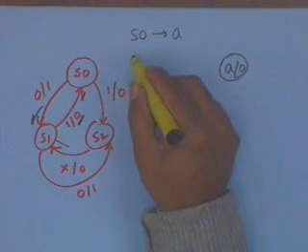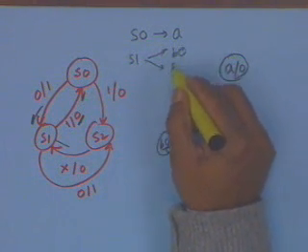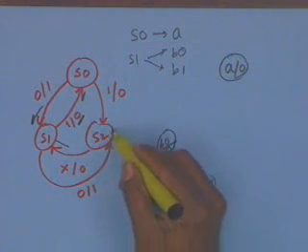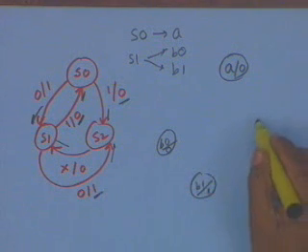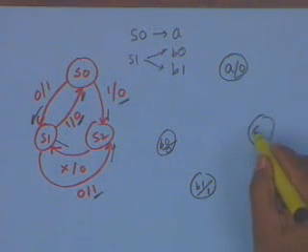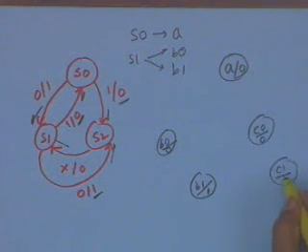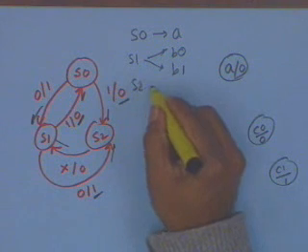So, now S1 is getting split into 2 states, B0 and B1. Consider S2, S2 has 2 incident edges, this one and this one, with outputs 0 and 1. So, again let me split it into C0 and C1. So, I now have 5 states, instead of 3 states.